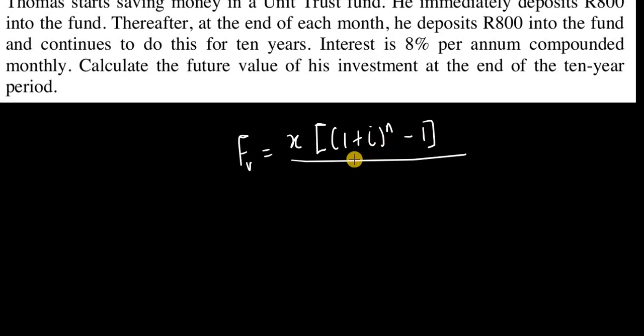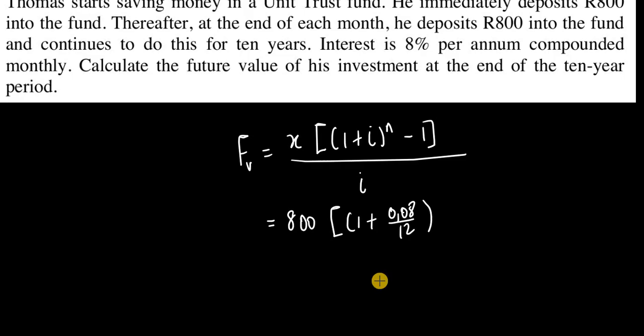They make a difference, those brackets, so you must have them like that. Now, this person is depositing 800 rands as the equal payment. The interest is given as 0.08 over 12, to the power of, now, how many payments?